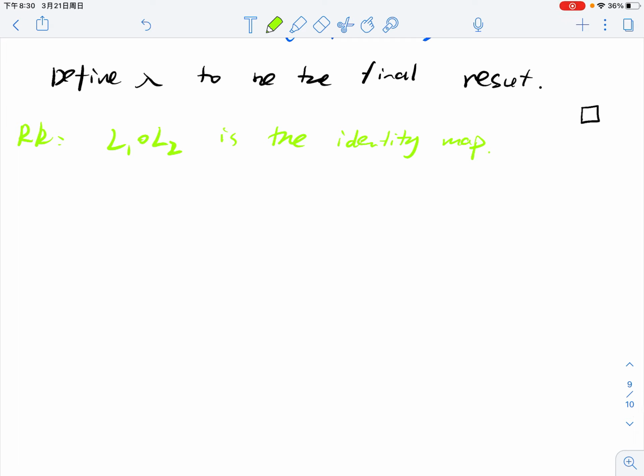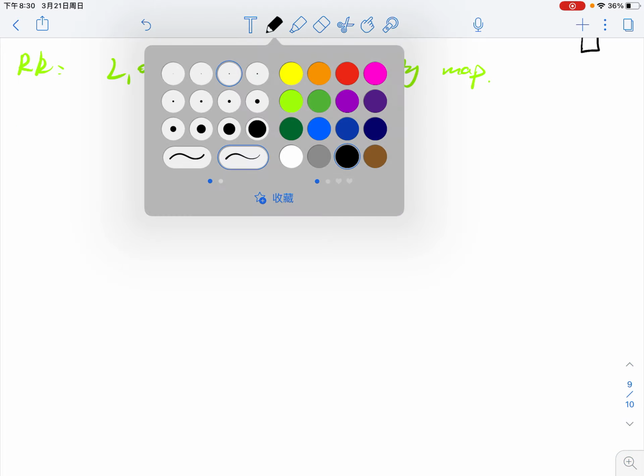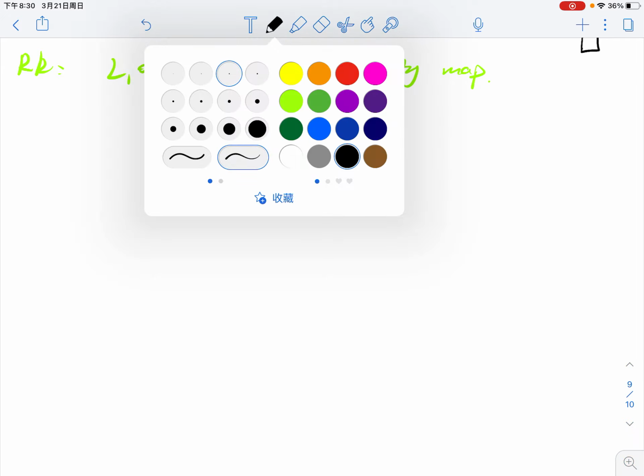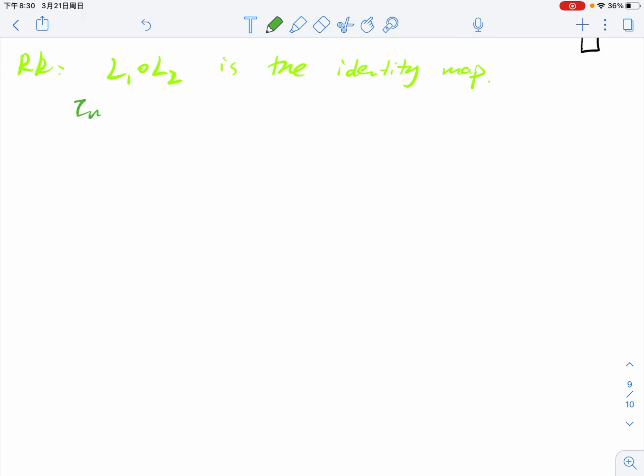Okay, and before we proceed, I would like to introduce our general way of, so this is called involution, very important, involution.